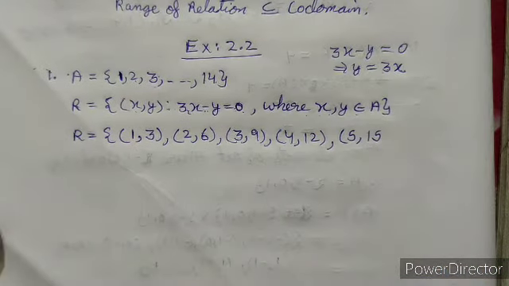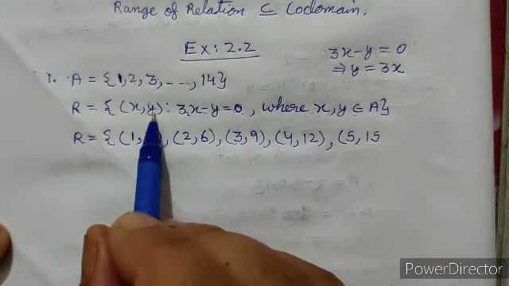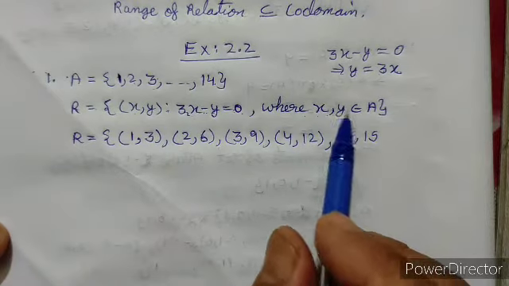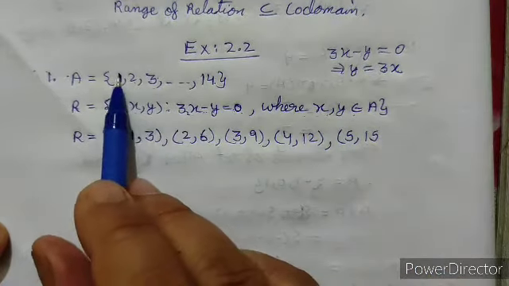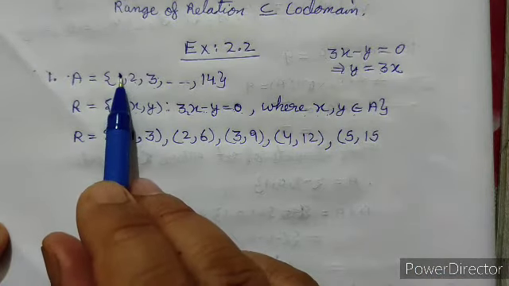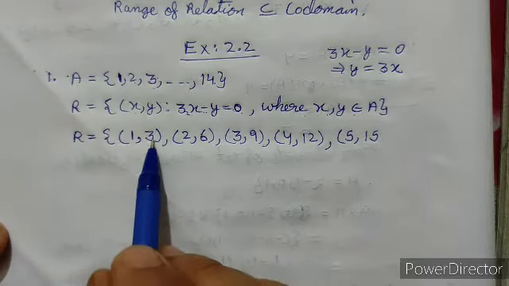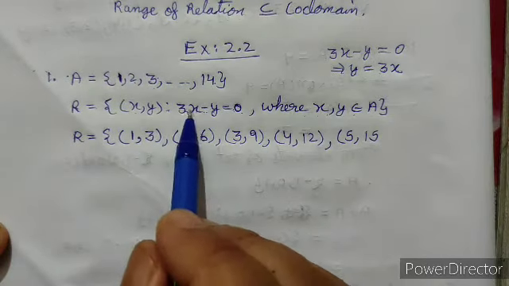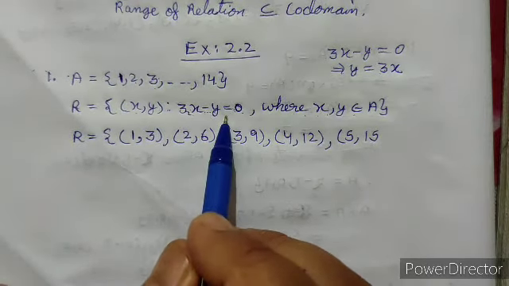Now, as we see, here x and y both belong to A. We have taken the value of x from the set A, and then we have obtained the value of y by the relation 3x minus y equal to 0.